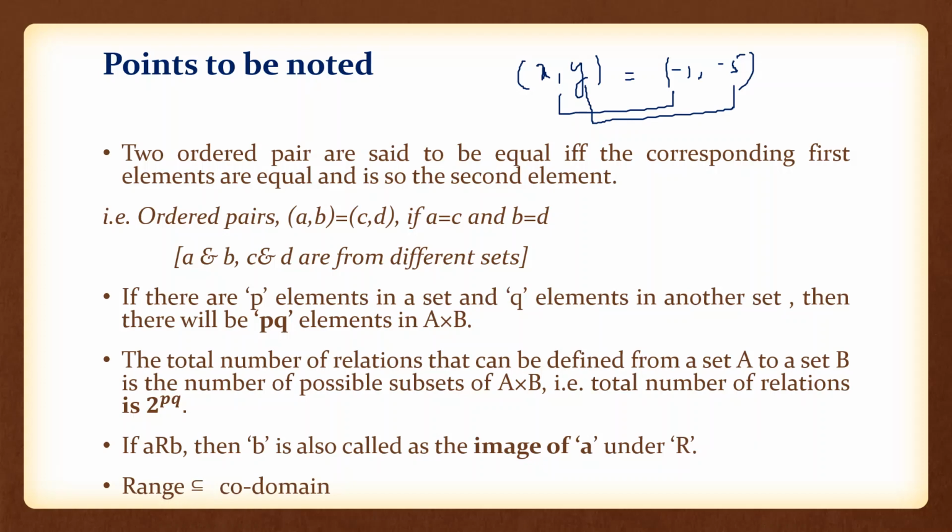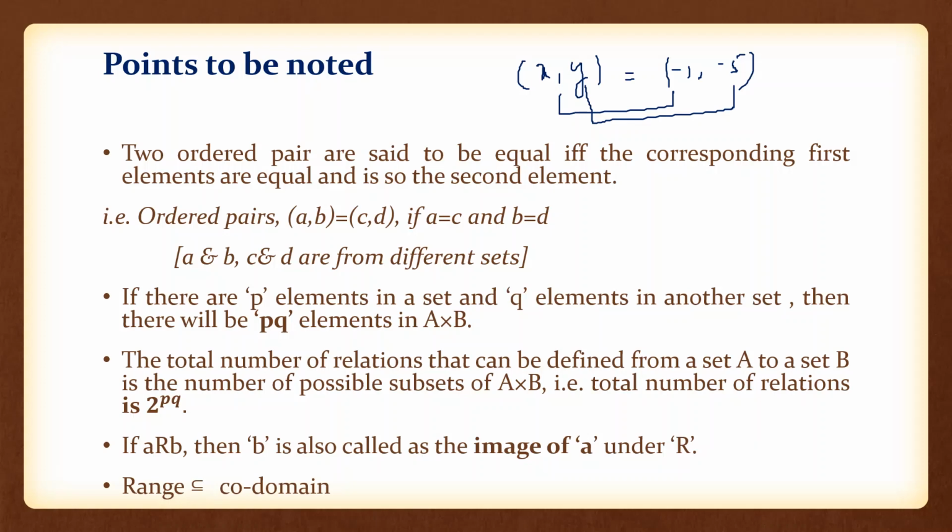Ordered pair (A, B) equals (C, D) if A equals C and B equals D, because domain should equal domain and range should equal range. It works vice versa also: if A equals C and B equals D, then the ordered pair (A, B) is equal to (C, D).